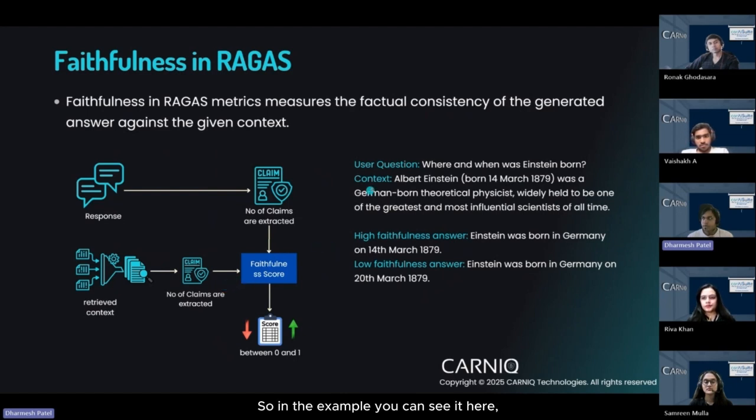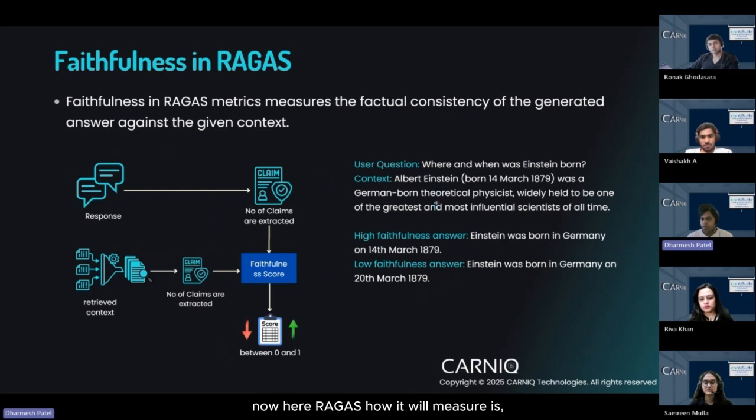In the example, the question is: where and when was Einstein born? The retrieved context would be: Albert Einstein, born on 14 March 1879, was a German-born theoretical physicist, widely held to be one of the greatest and most influential scientists of all time. So this could be your retrieved context.